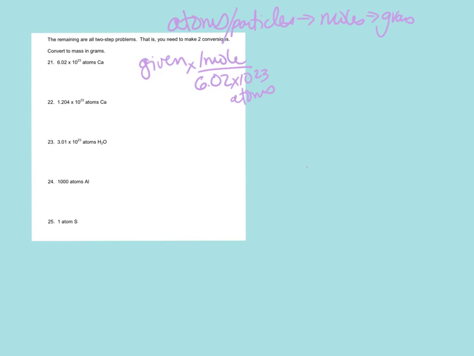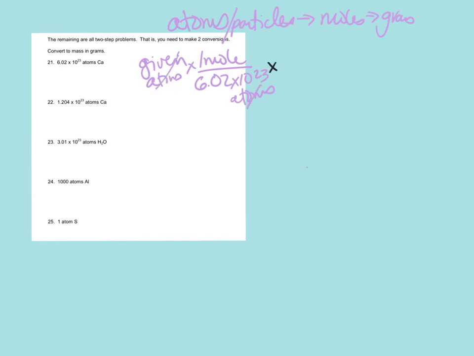And you could stop here, hit equals, get an answer, and then use that answer to do your moles to grams conversion. The other thing you could do is take this and just keep adding to the conversion. So the atoms will cancel, we'll have moles.